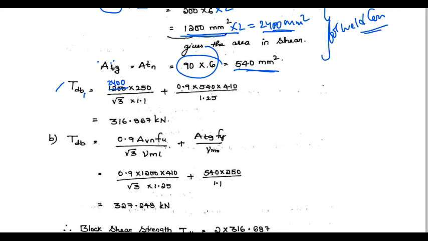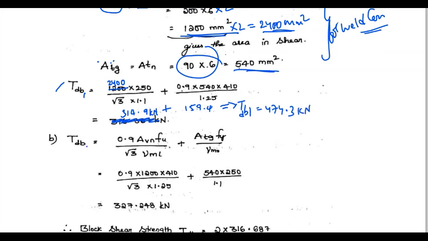This value will be 314.9 kilonewton plus this value 159.4. Upon adding, you get Tdb1 is equal to 474.3, something like this, kilonewton.